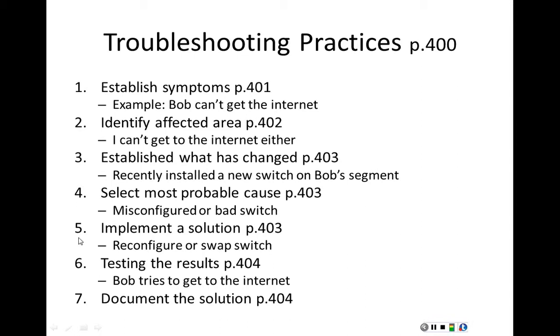Step 5 would be implement a solution, and that would be either swap out a switch if we think it's a bad switch, or reconfigure the switch, or just make sure the cables are plugged in. Then step 6 would be test the results to see whether or not Bob can get to the internet. And if he can, then we've solved the problem, and then we should document the solution, so if the same thing happens to somebody else, they will know where to look.